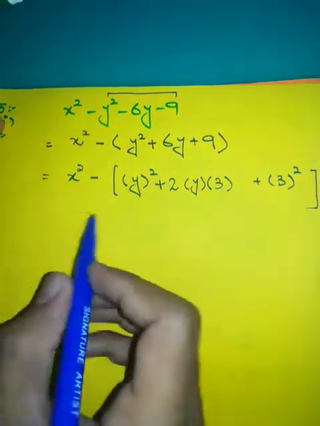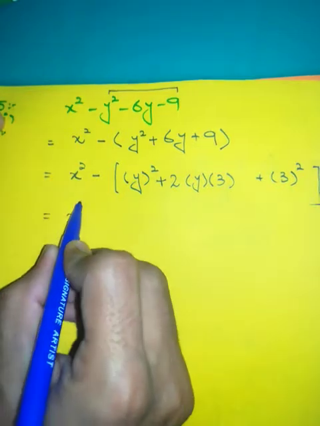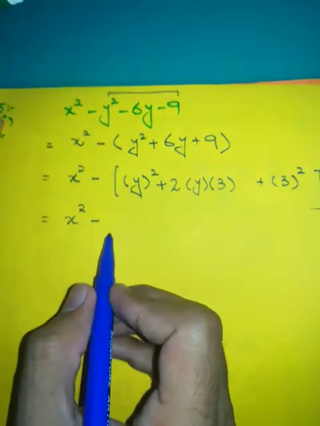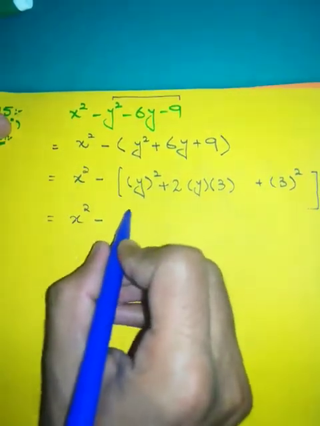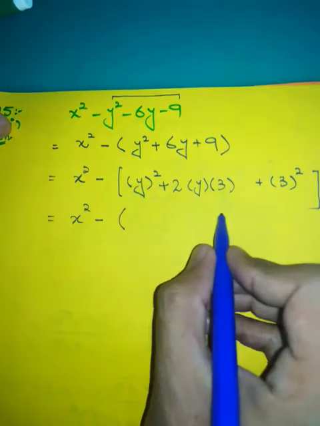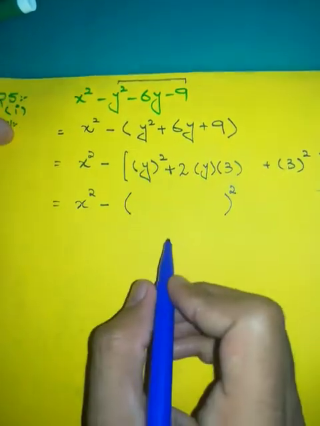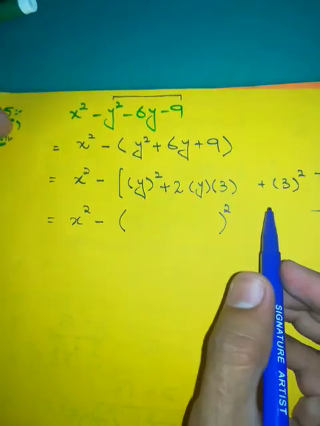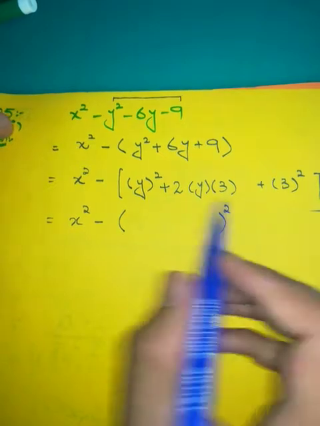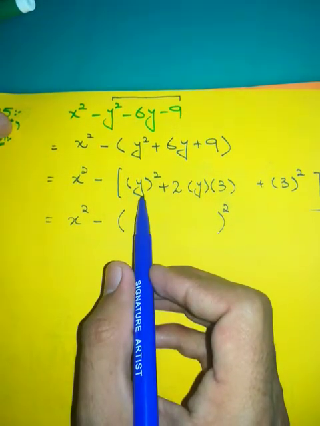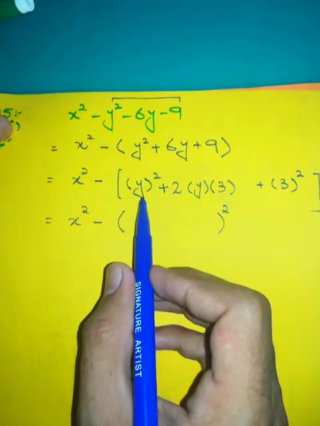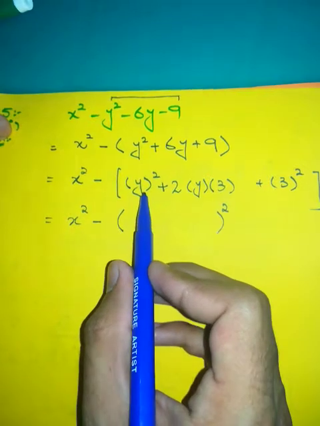That's correct. Now in the next step, x square minus, we convert into whole square form. How can we convert it? As I told previously, choose the variables in the whole square form.